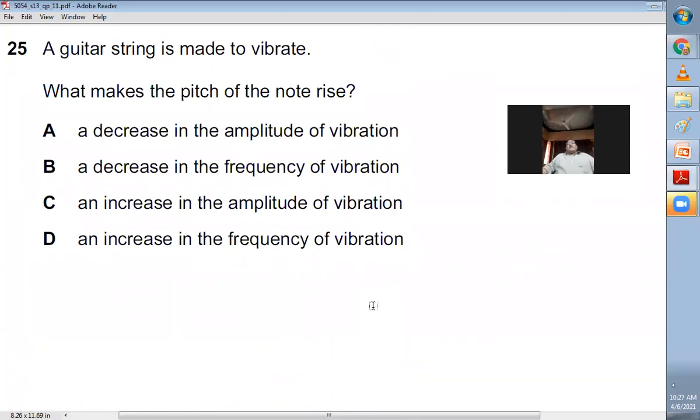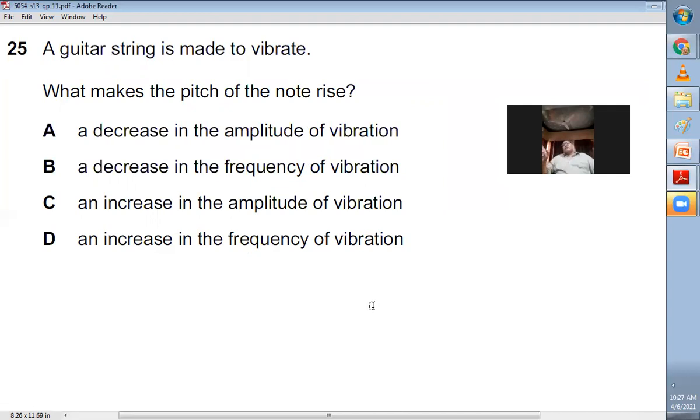A guitar string is made to vibrate. What makes the pitch of the note rise? The pitch depends upon the frequency. So if you want to raise the pitch, you will have to increase the frequency. A decrease in the amplitude does not have a relation with the pitch. A decrease in the frequency of the vibration is wrong.